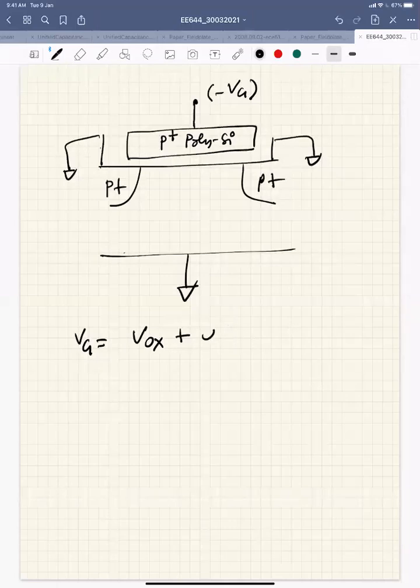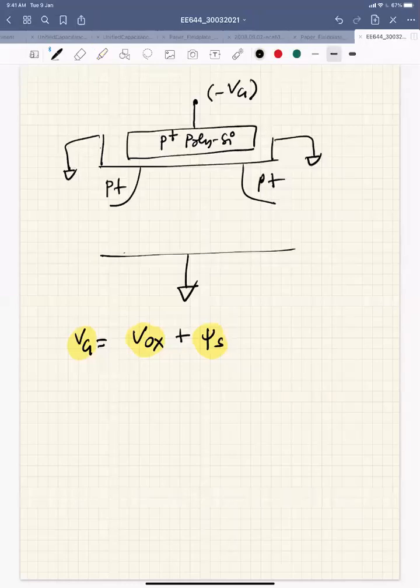But keep in mind, in case of PMOS, your Vg is negative, you apply negative voltage. Since your electric field is from bulk to metal, your oxide voltage drop is negative because your electric field direction is changed. So your voltage drop will be negative, and psi s will also be negative, right? But you could still use the same equation, right?